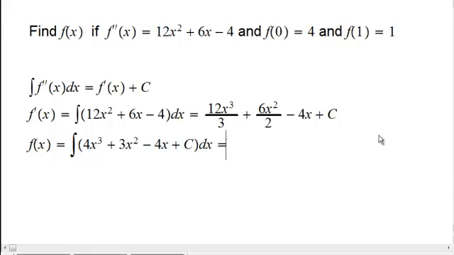Okay, who is this guy? 4x to the 4 over 4 plus 3x to the third over 3. Am I doing it all right so far? Yes, because I'm adding one to the exponent.